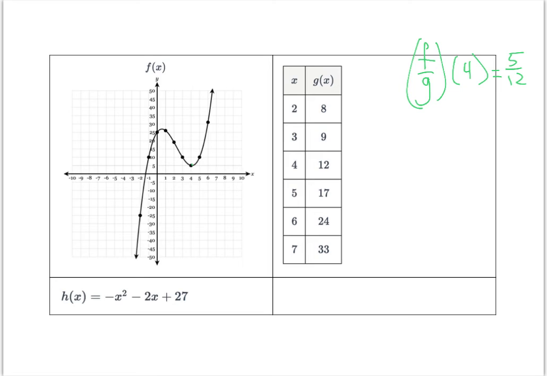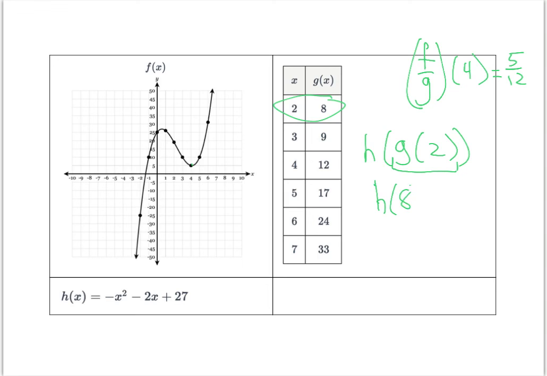The other thing that I can do is something like, this is going to end really badly if I'm not careful, let's go with h of g of 2. So I know that I've got to find the inside first, and when I evaluate g of 2, I get 8 as an answer.